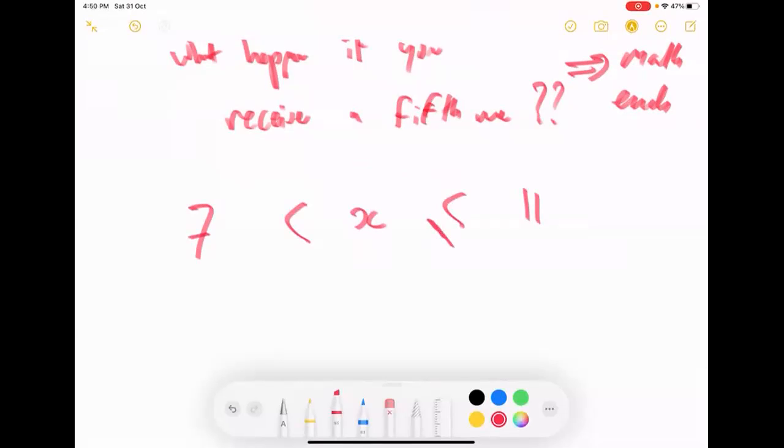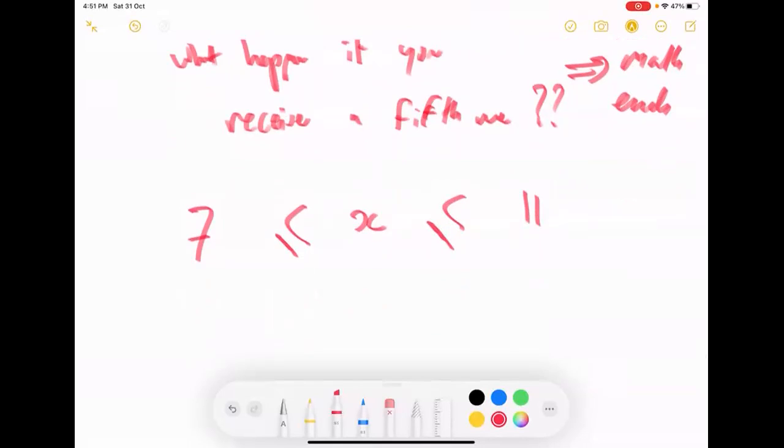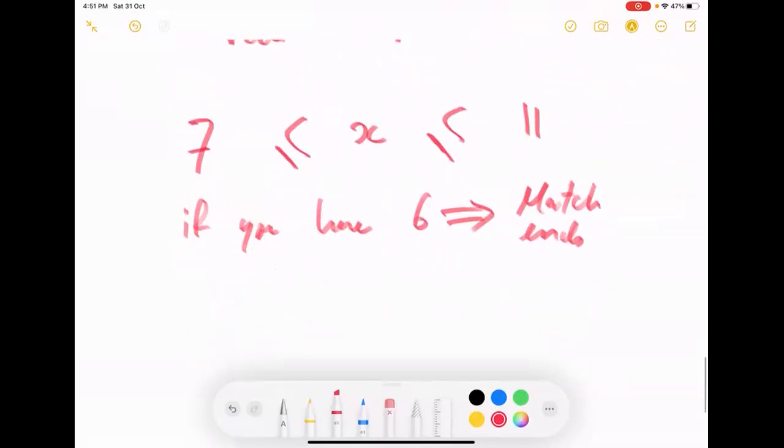So you got it? You got the inequality? So you can only have between 7 and 11 players. If you have 6, then the match ends. If you have 12, it's not football.